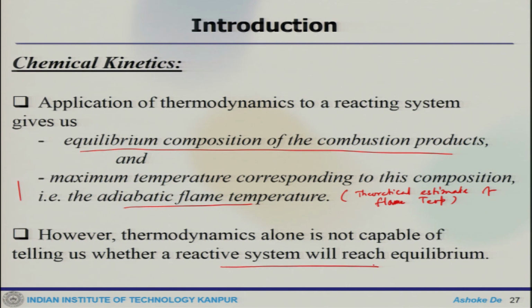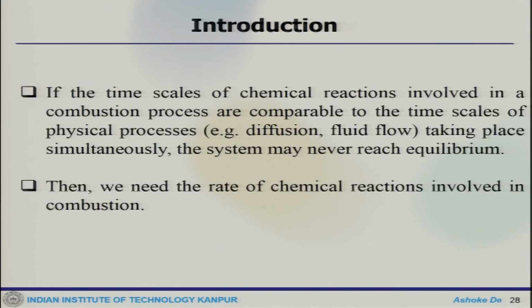That means, thermodynamics can give you estimates of these things, limits, equilibrium compositions, but it does not tell you what happens if the time scale of chemical reactions involved in the combustion process is comparable to the time scale of the physical processes, that means the diffusion and fluid flow taking place simultaneously.